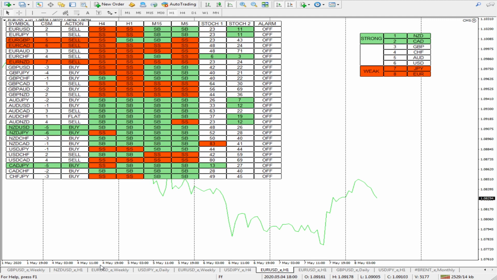So if you are to trade today, trade a combination of either the New Zealand dollar and the Japanese yen, or New Zealand dollar and Euro, or the Canadian dollar versus NZJPY, or the Canadian dollar versus the Euro. So that is based on the strength meter.